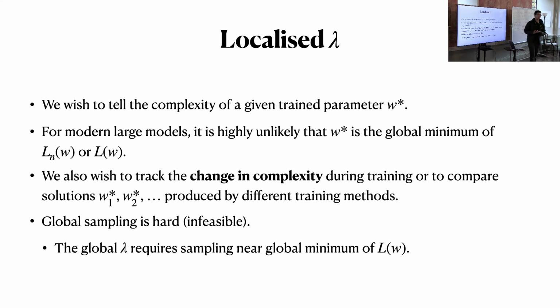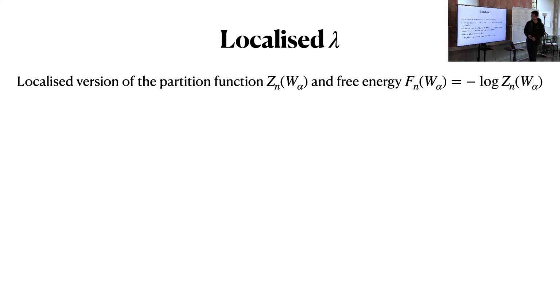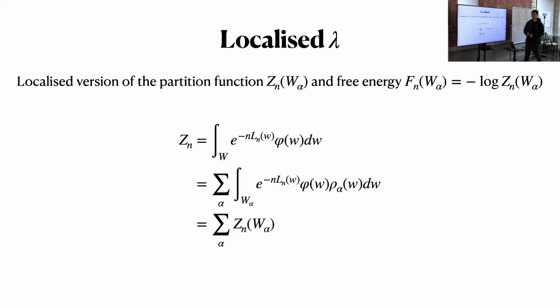The global learning coefficient is the volume scaling and then posterior mass concentration at the minimum loss, and that requires sampling near the global minimum, and that is infeasible for a large model.